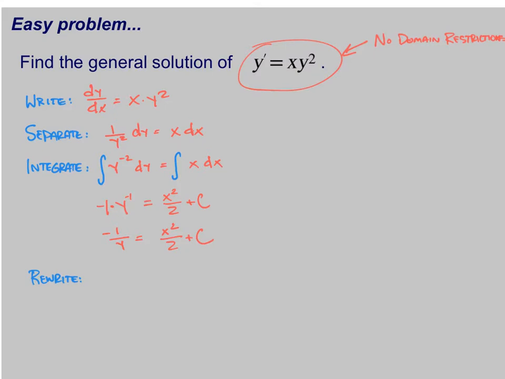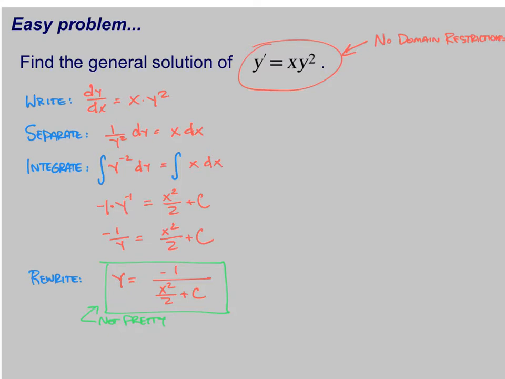I'm going to take the reciprocal of both sides. I'm going to divide both sides by -1 so that -1 moves to the right-hand side. There, we're done. And I would share with you that this is a correct answer, but it's not pretty. We've got fractions inside of fractions, and I think we can do better than that.